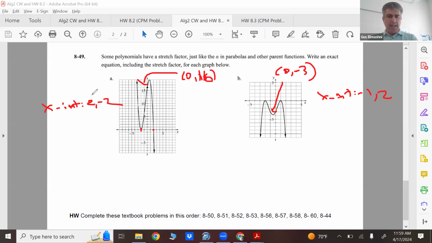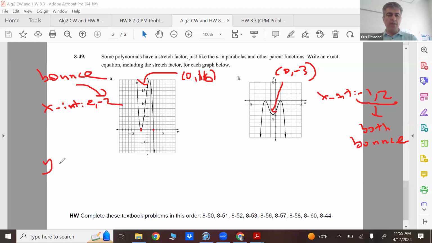Okay, now at -2, you got to bounce. And here, both of these bounce. Well, yeah, of course. When we say bounce, it's off the x-axis.